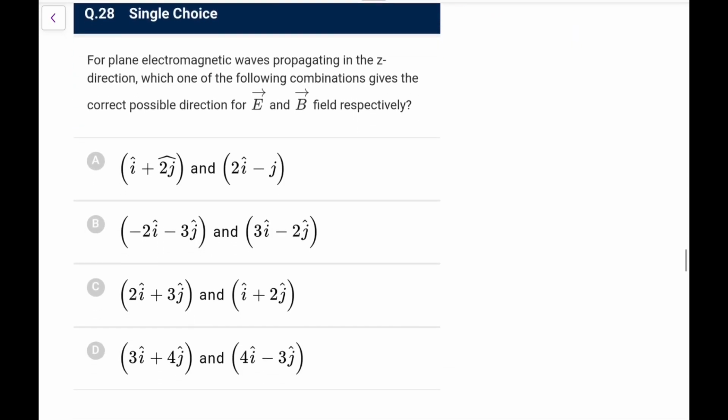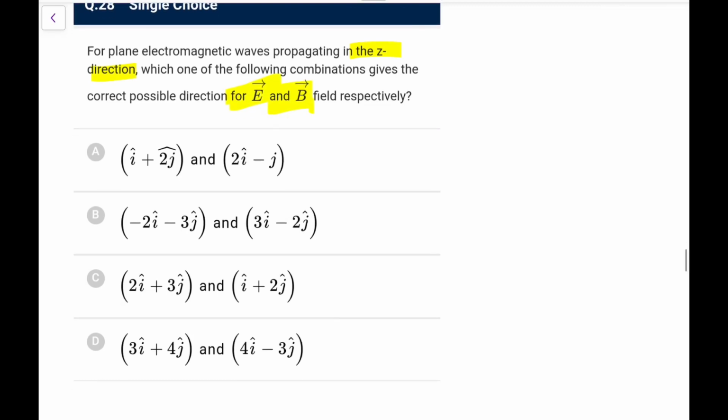Next, for plane EM waves propagating in the z direction, which one of the following combinations gives the possible direction for E and B field respectively? Okay, let me check. We know E cross B must point towards k cap. So do that E cross B here: i cross 2i is 0, i cross minus j is minus k, j cross i would be again minus k, so minus 4k, so it is minus k, so not possible.